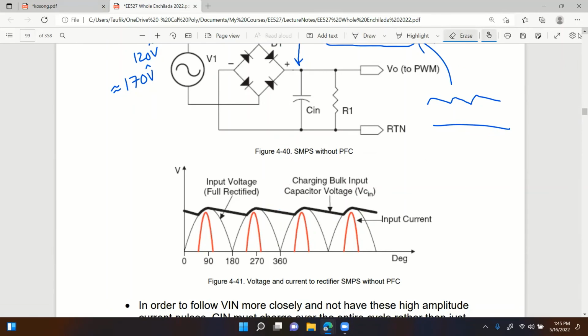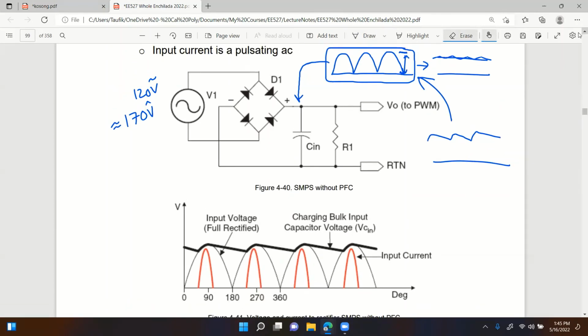But there's always a trade-off, of doing this, of doing anything. On one side, you improve the DC quality of the voltage coming out of the rectifier by simply putting the capacitor, at the cost of input power factor. Without any capacitor, the input current here would be a pure sine wave.